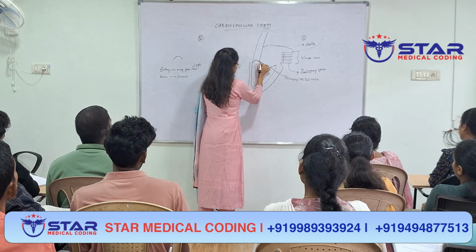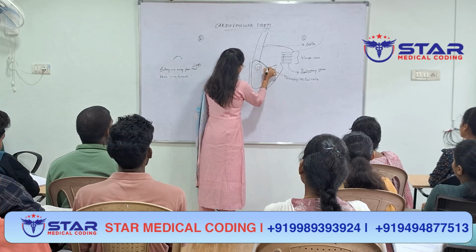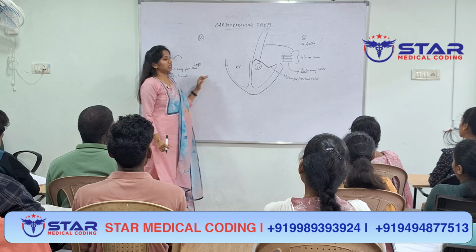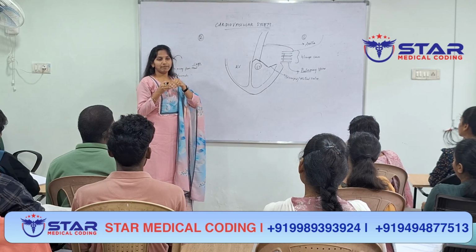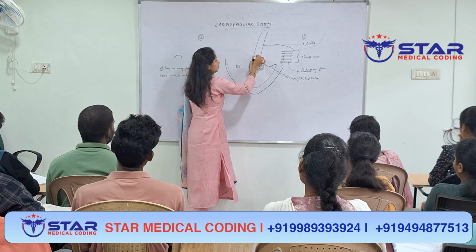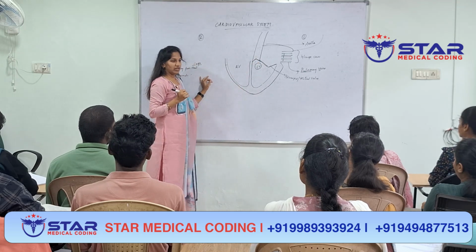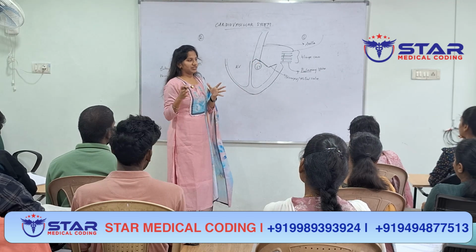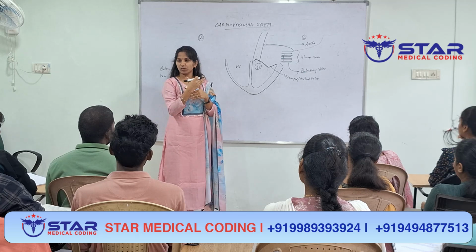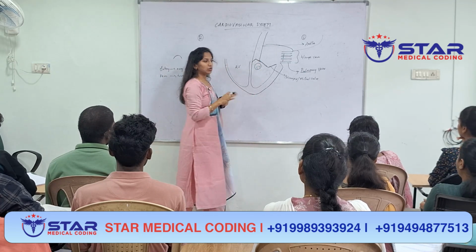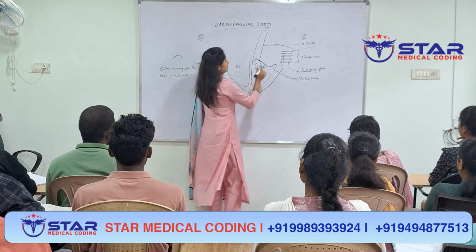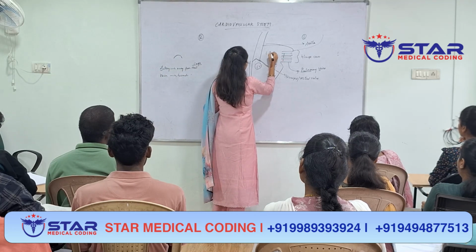So what is the job of these cusps? Anybody can tell? They are only for the unidirectional flow, to curb the regurgitation. Regurgitation means backflow. So when they open, the blood should go only in one direction, not in 2 directions. Got it? So here this is called the left atria.